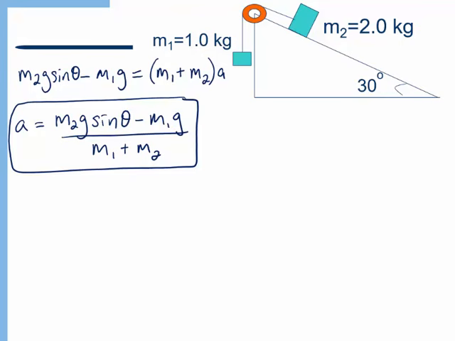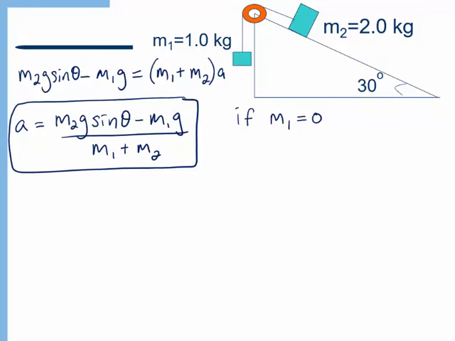Okay, before we plug in the actual values in the problem, let's just make sure that our answer makes sense by looking at some kind of extreme solutions. If m1 is 0, in other words, if we get rid of that, what does our answer simplify to?